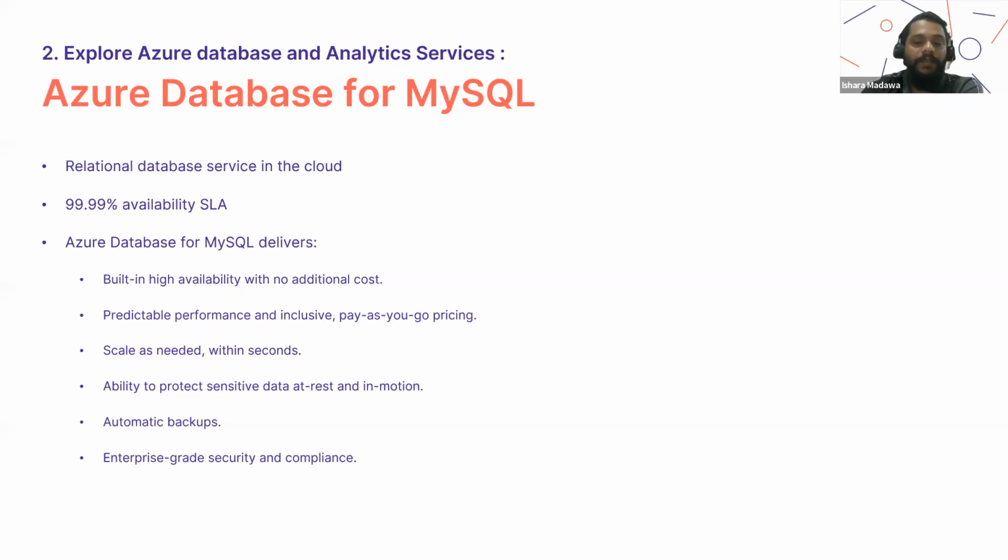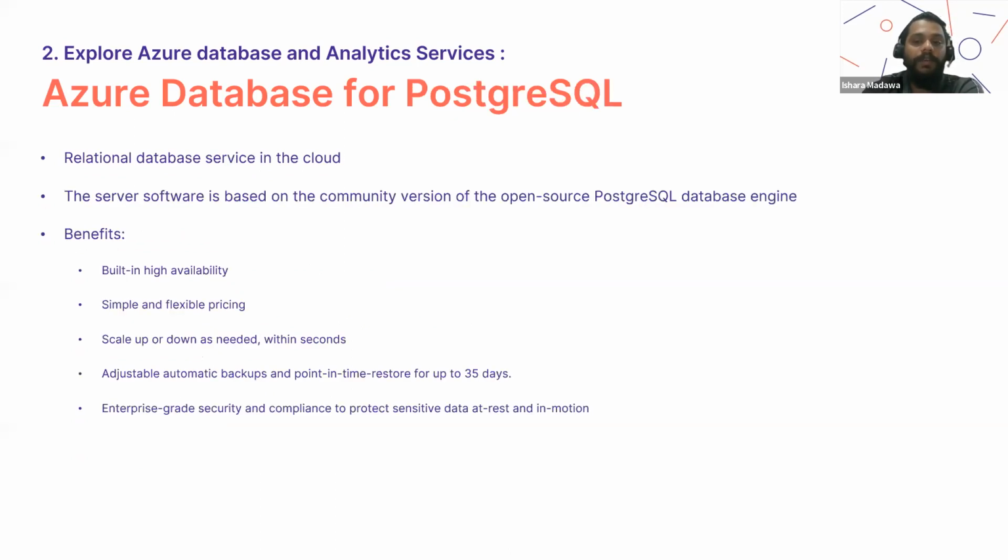And then we have Azure database for PostgreSQL. So it's again a relational database service in the cloud, and the server software is based on the community edition of the open source Postgres database engine.